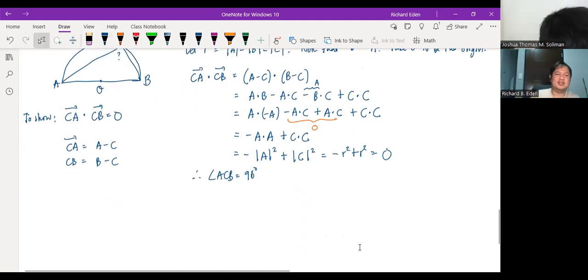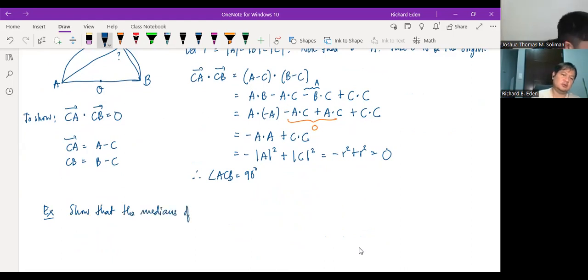Okay. Let's see if we can use vectors. Example, show that the medians of a triangle are concurrent.